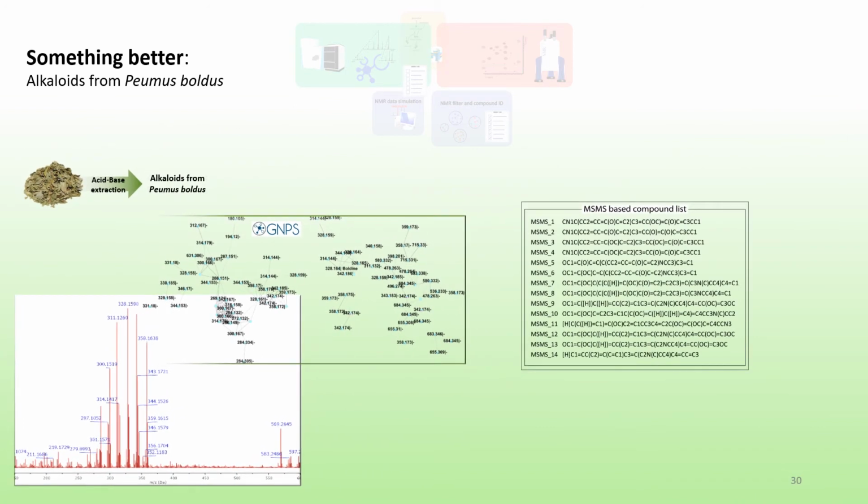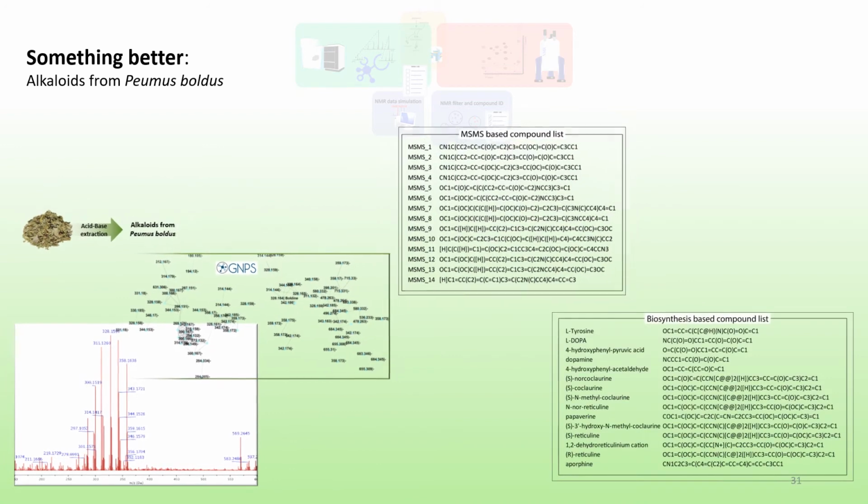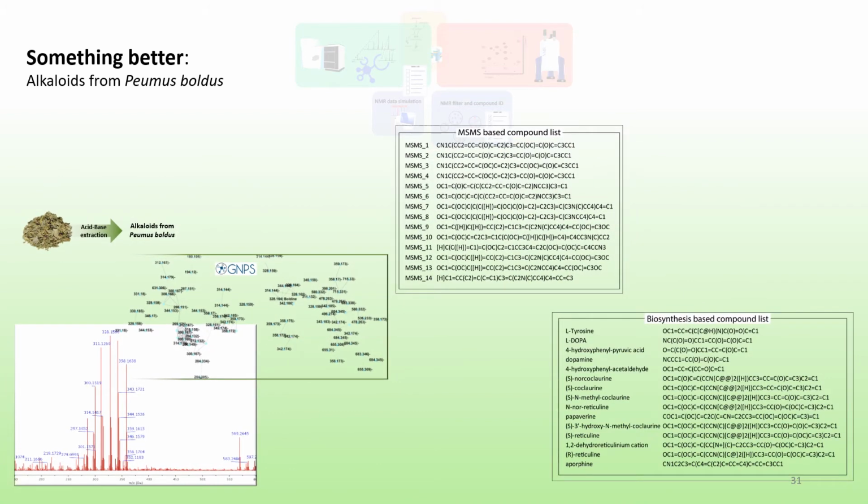From these, we created a preliminary list of candidates by propagating the structural elucidation from the previously identified nodes using the GNPS database. And then we extended that first list of candidates by adding other compounds from the same biosynthetic pathways.